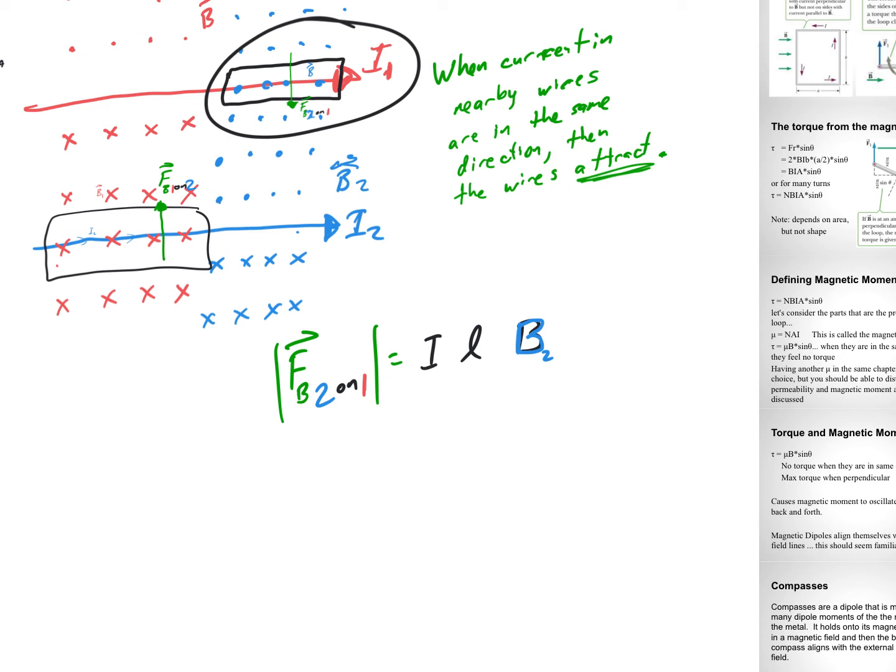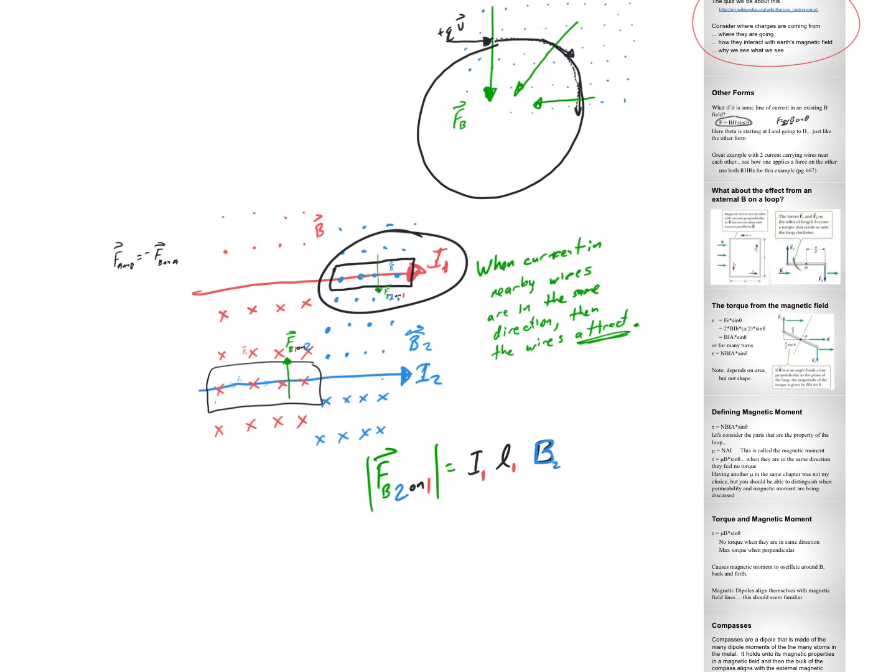And the current that is experiencing the force, that's I1, and that length 1. A note about that length: that length is going to be whatever the length of the wire is. And one more distance to be aware of is the distance between the two wires.